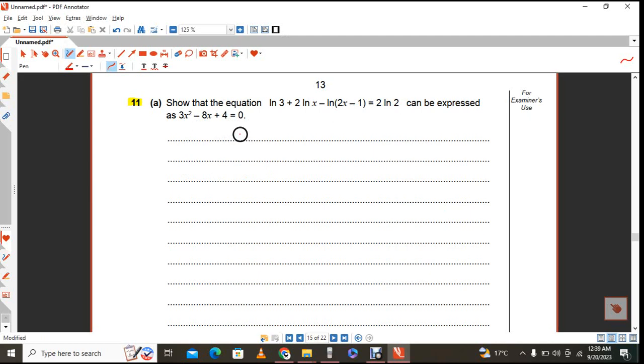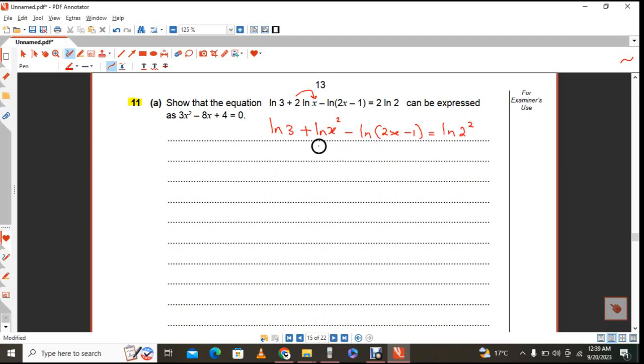So the first part, you can go ahead and say natural log of 3 plus the natural log of x squared by using the power law, okay, minus the natural log of 2x minus 1 equals the natural log of 2 squared.